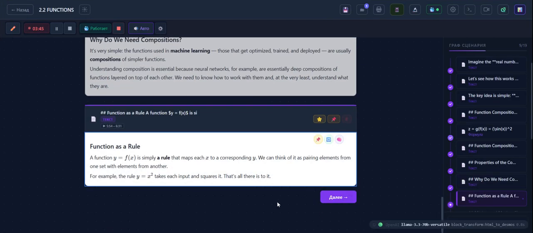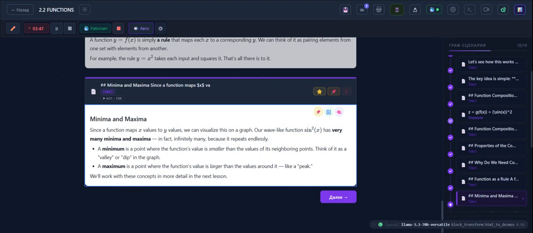All right. And another concept: minima and maxima. Every function has minima; some don't have maxima points, but minima, at least, they have.